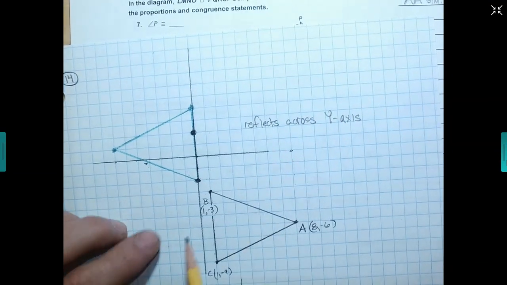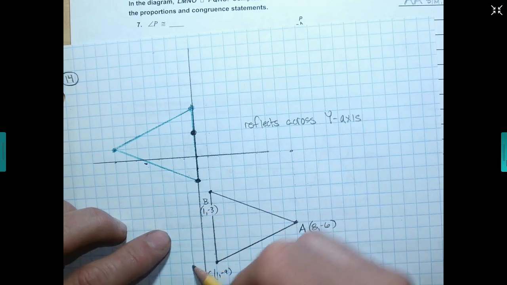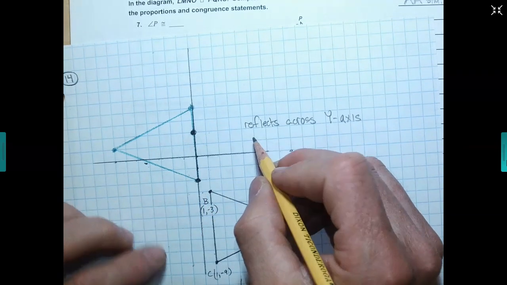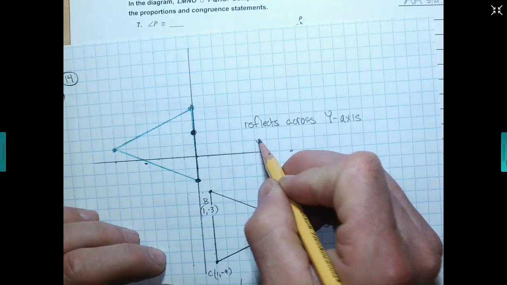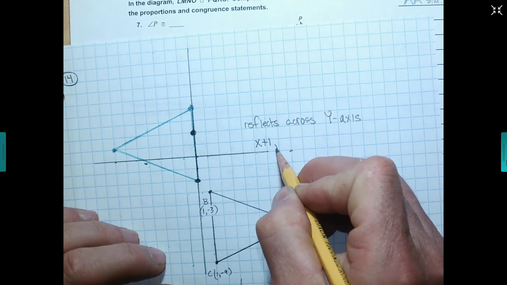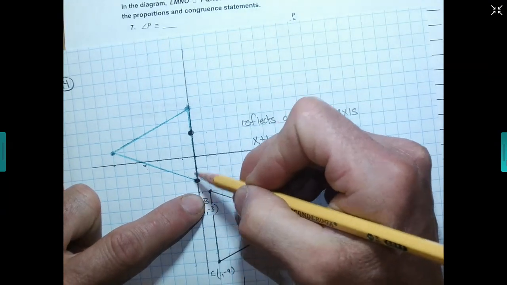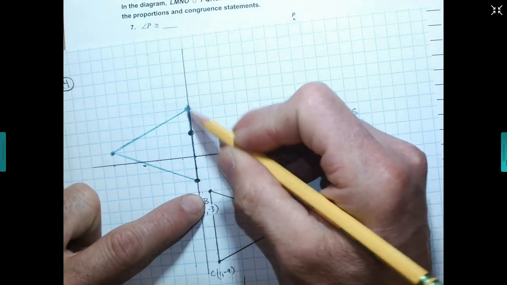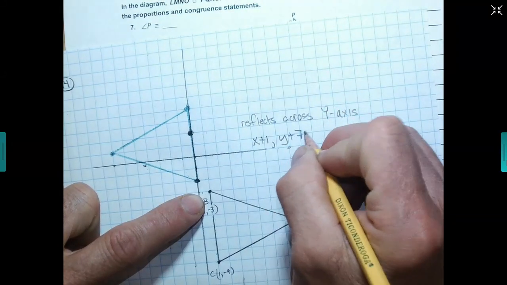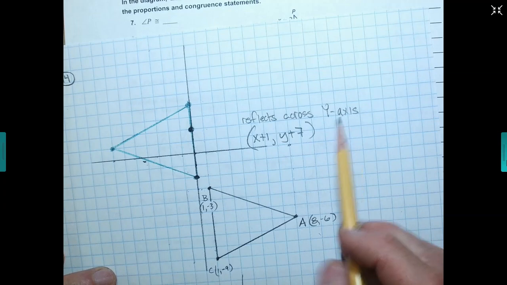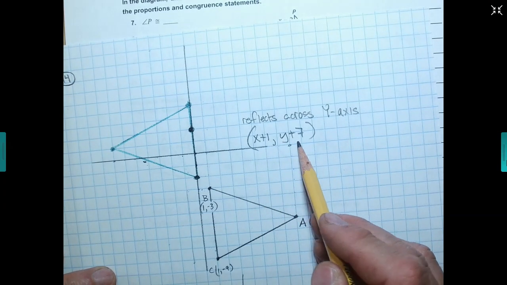So that would put it right here, and then it moves right, x plus 1, and then y. So if it moves right, and then the point would go 1, 2, 3, 4, 5, 6, 7, y plus 7. So there's your transformation. Reflects across y-axis, x plus 1, y plus 7.